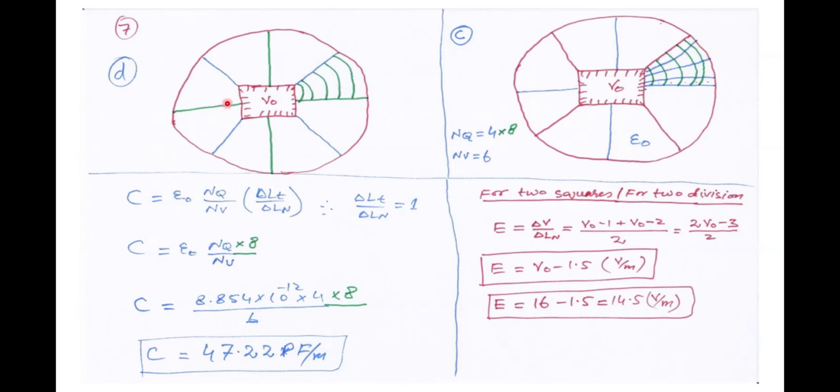Then count the total number of squares in between the conducting boundaries, and along the boundary you can measure the total number of flux tubes. Then, using these relations, you can define the capacitance, electric field, D field, surface charge density, etc.